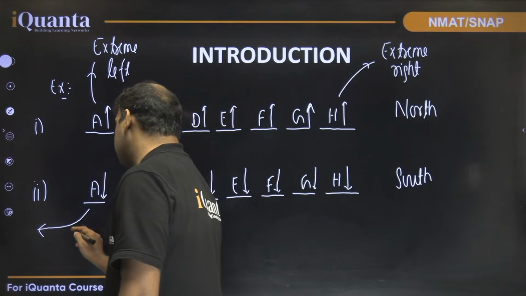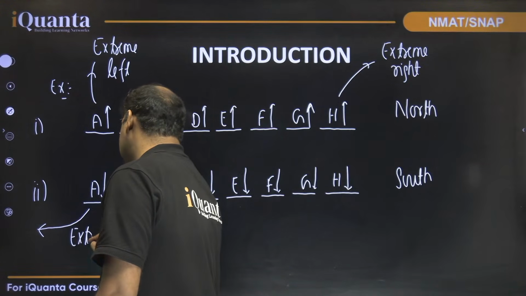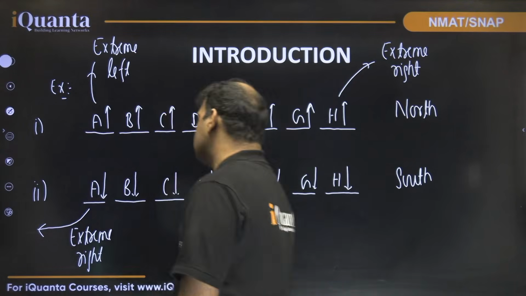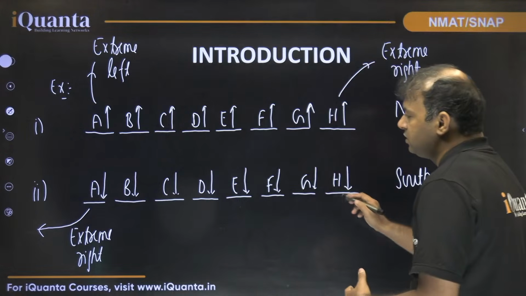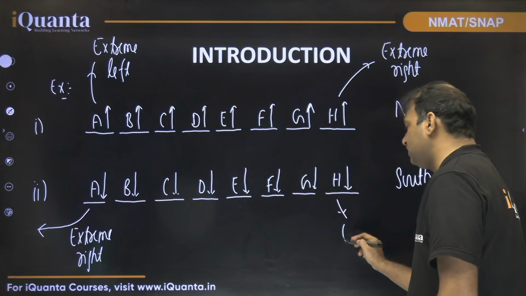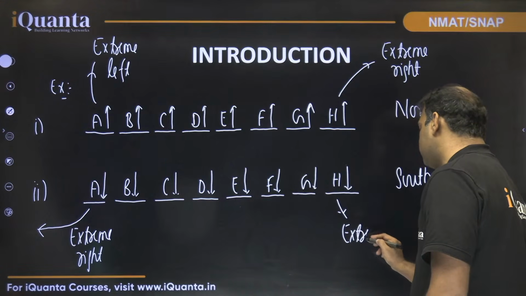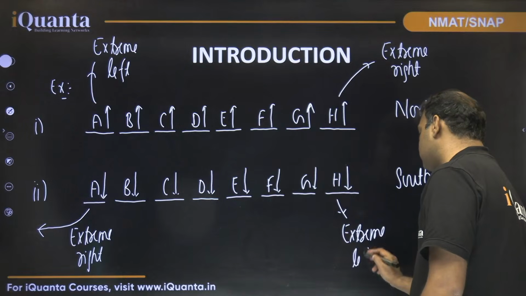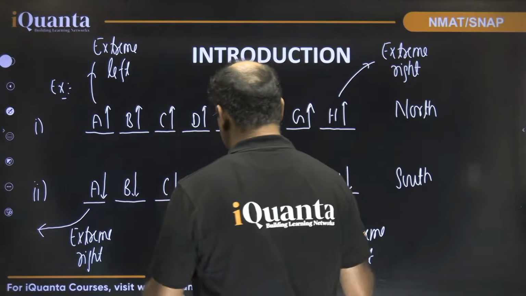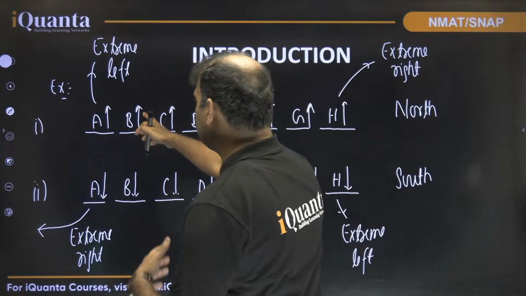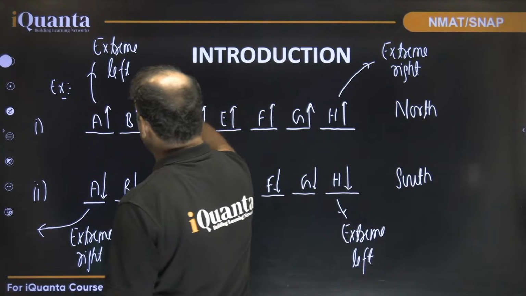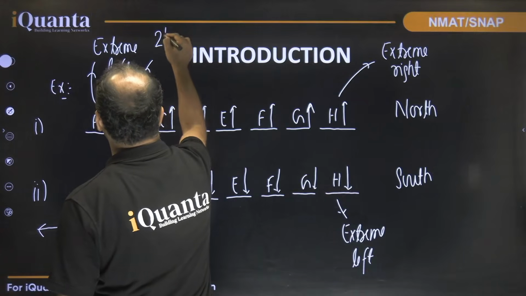That's why this place will be called the place of extreme right, because there is no one to the right of A. Similarly, if you talk about H, there is no one to the left of H, so we'll call this place extreme left. Now, if we discuss the other people in the same way, let's say B: if A is extreme left, then B will be called second from the left end.